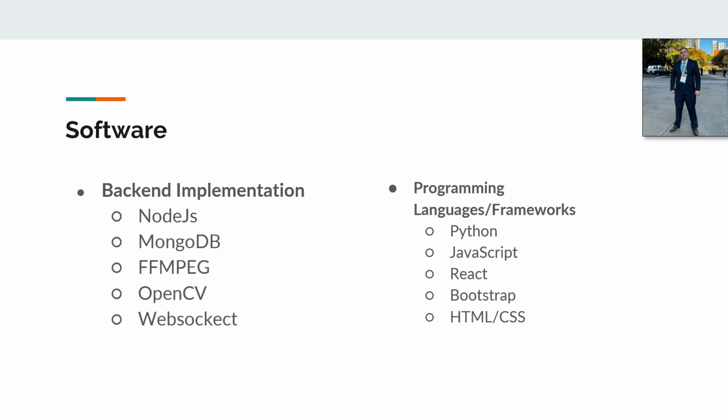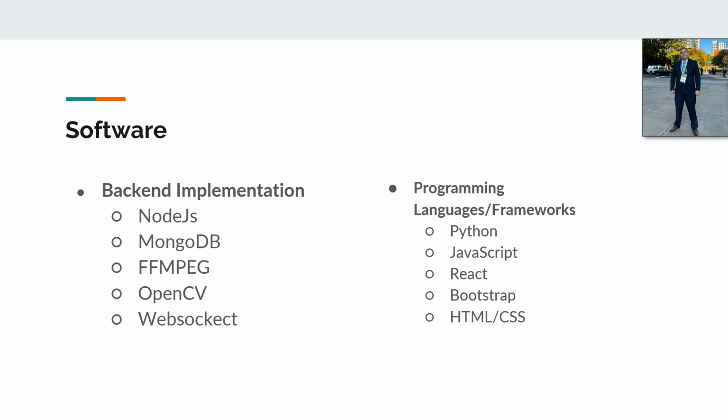For our watermarking application, we're using several technologies. We're using Python as the programming language that will run all the video-related processes. We're also using JavaScript, with React, Bootstrap, and HTML to create the UI, the front end, and also the back end of our application.